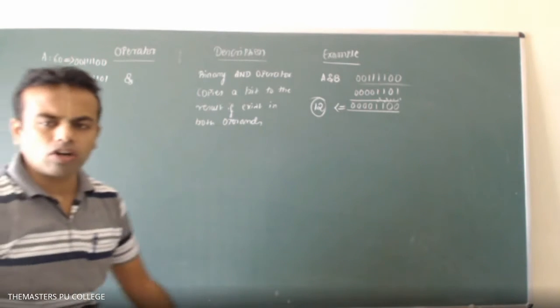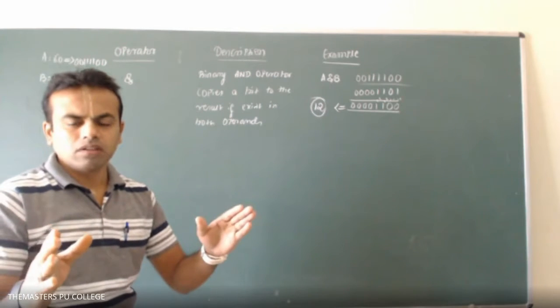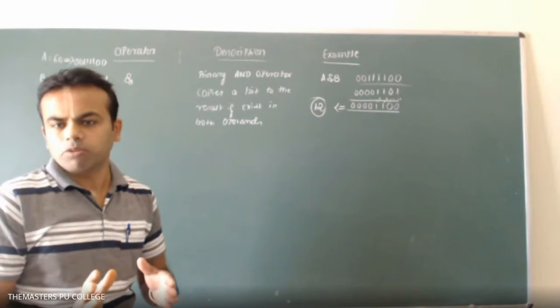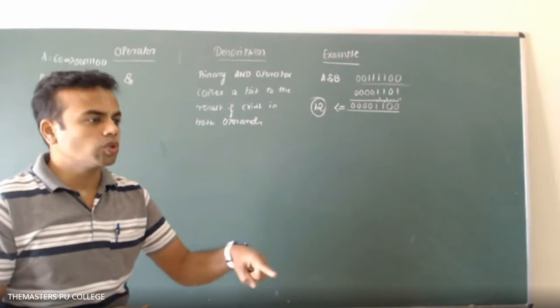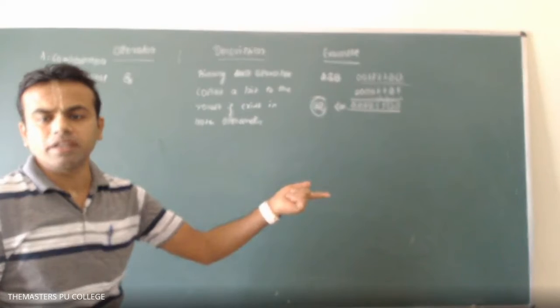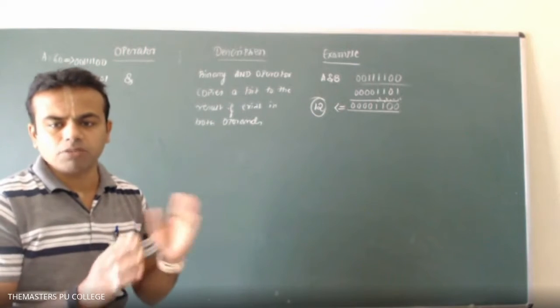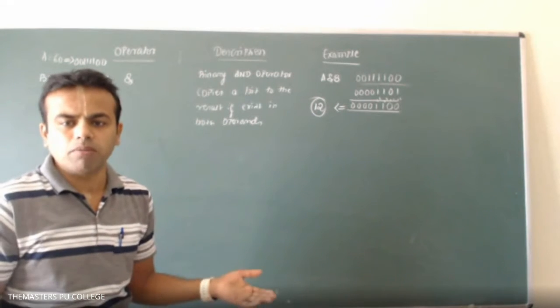And, or, not concept, logical operator concept, you know, right? In AND, all the expressions must be true, then only it results in true. If either of the expressions is false, then the entire expression results in false.